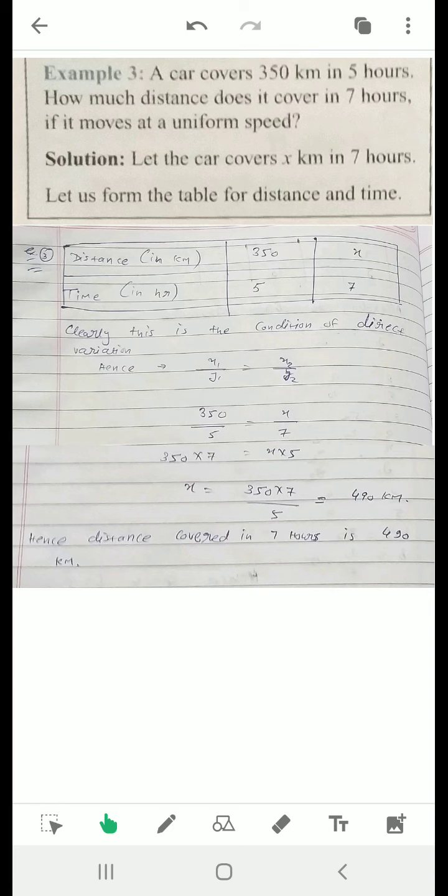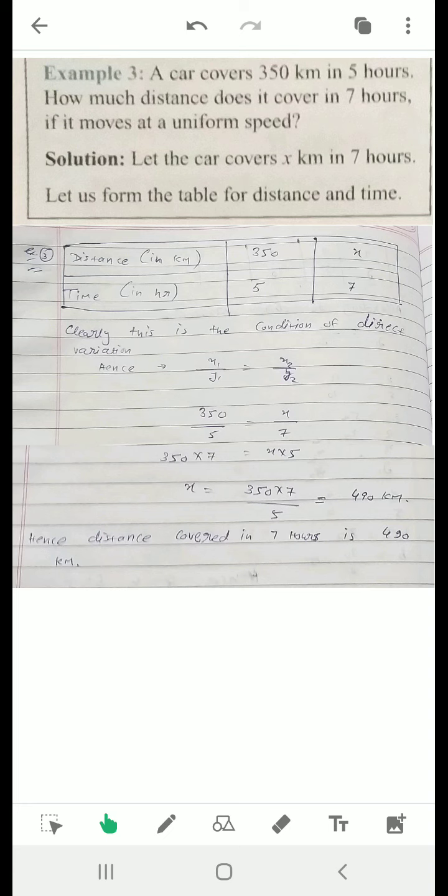Uniform speed means speed does not change. So if speed does not change, then in 7 hours it will cover more distance, because if in 5 hours it is covering 350, if I increase the time, then the distance will also increase. So in 7 hours the car will travel more distance.